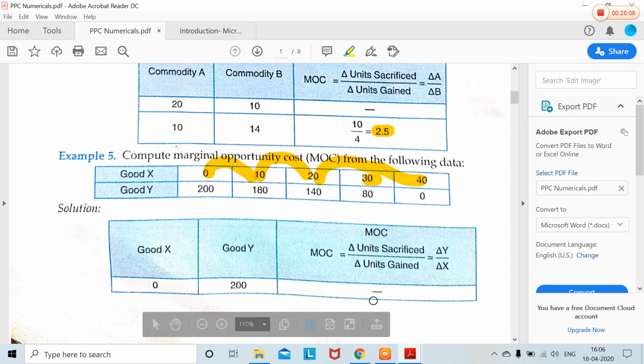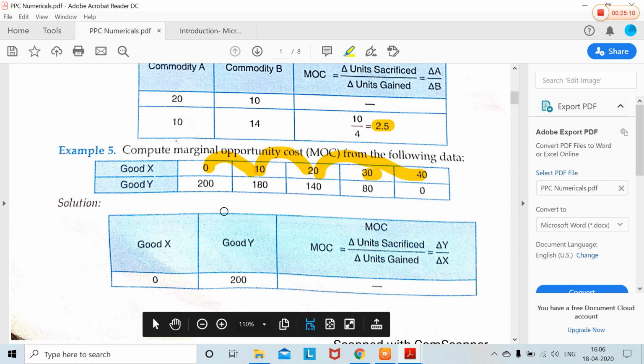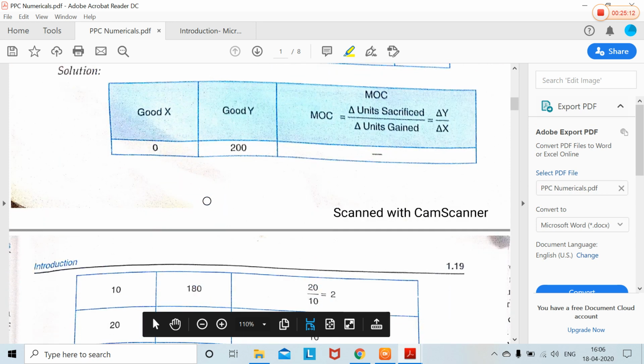In the first case, we'll put a dash. Then the economy is going from 0 to 10 and it is losing 20 units because we are going from 200 to 180. So for a gain of 10 units, we are losing 20 units. It means for a gain of 1 unit, how many units have we lost? 20 upon 10, 2. Please pay attention.